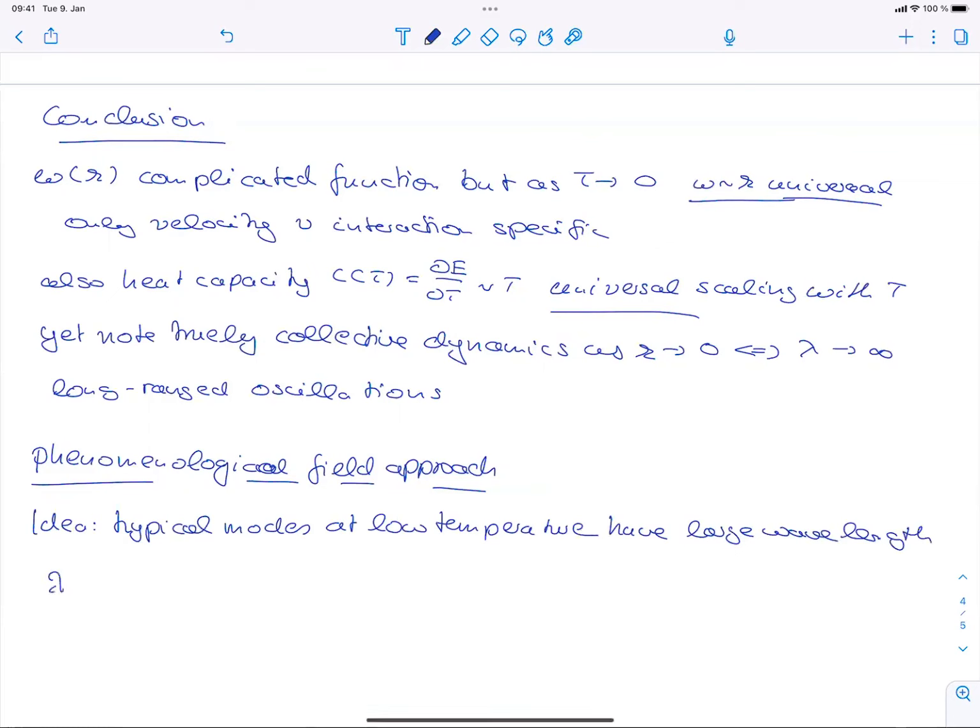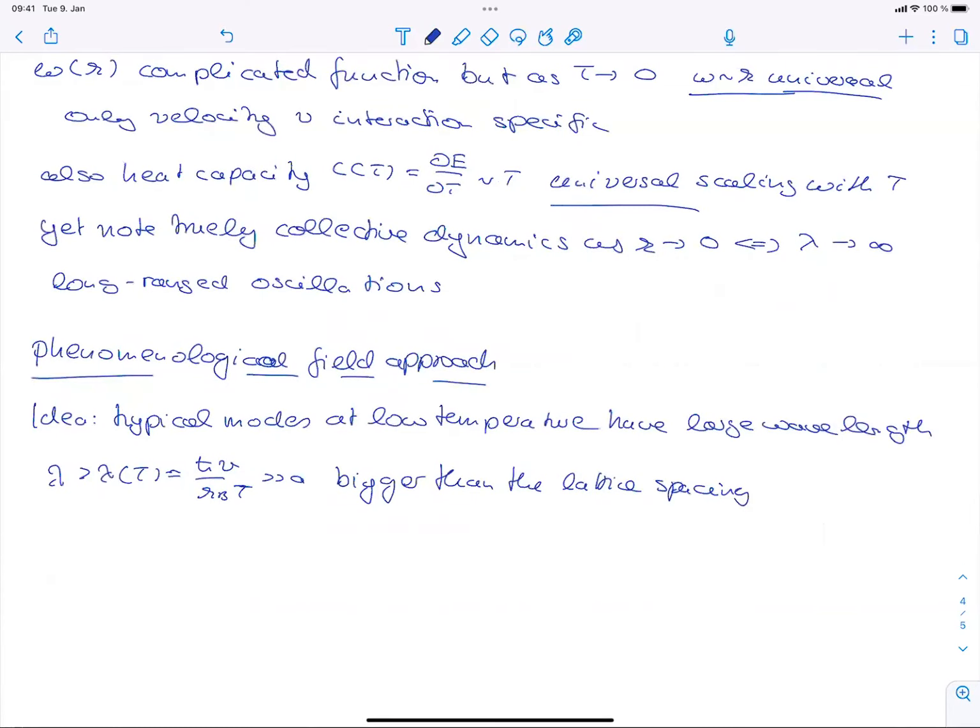So lambda is much bigger than the lattice spacing. And so I can call it coarse-grained.